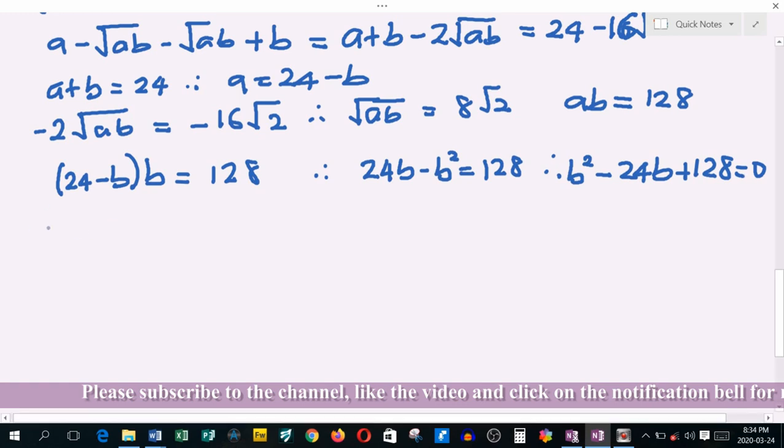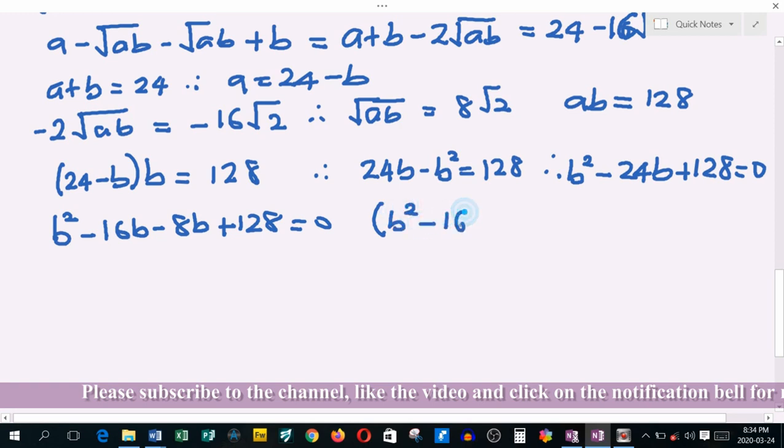So we have to factorize now, because this has turned to a quadratic equation. We have b squared minus 16b minus 8b plus 128 is equal to 0. Factorize b squared minus 16b, minus into 8b minus 128 will give us 0.